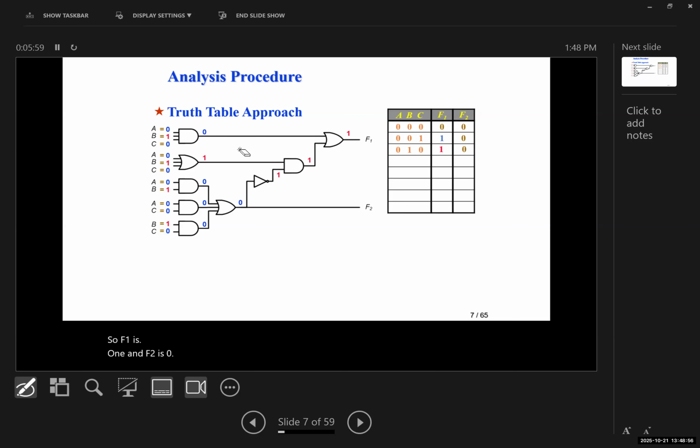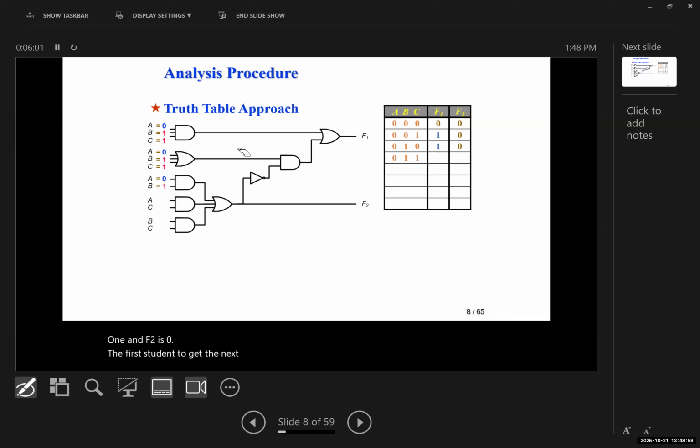Now the first student to get the next one right gets an extra point on their next assignment. 0, 1, 1. F2 is 1, okay.